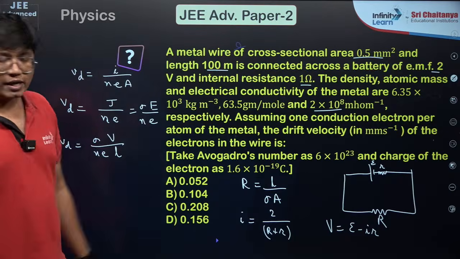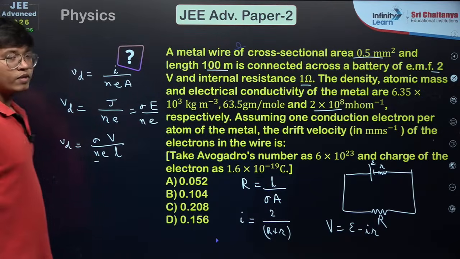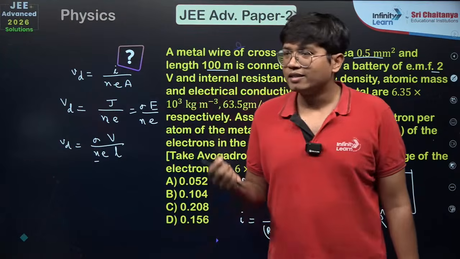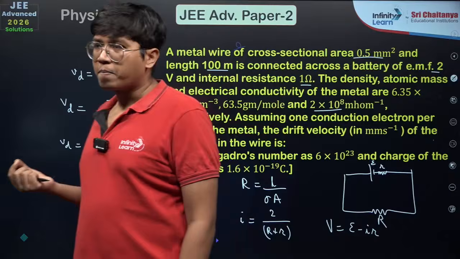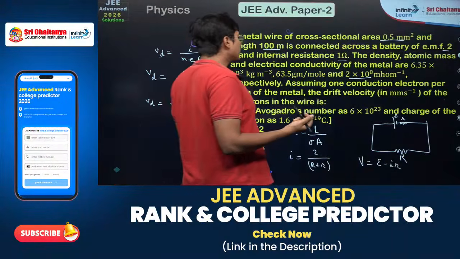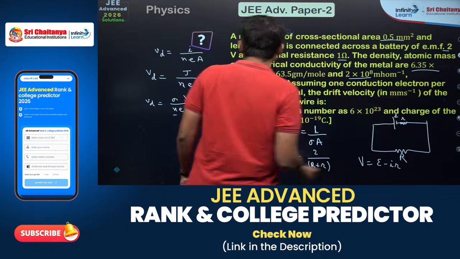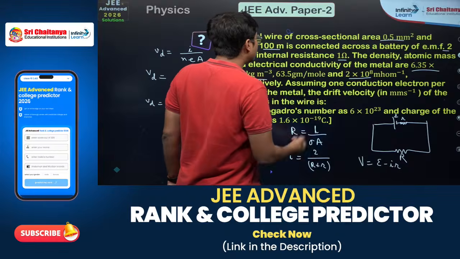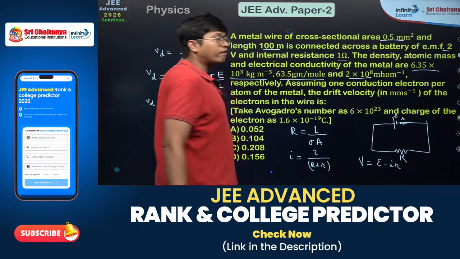The other thing you'll have to calculate is this number density. How do you go to this number density? You have similar questions even in NCERT, like getting the number density part of it. You see, it is given to you what is the density of the material. The atomic mass is given to you over here, 63.5 per mole.